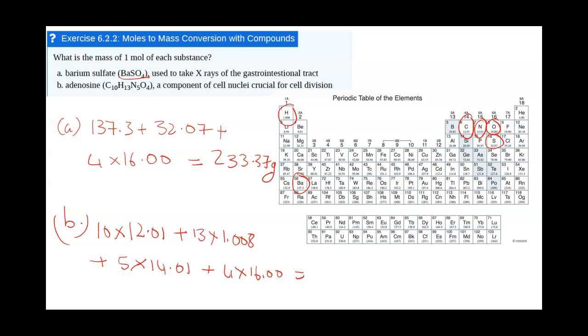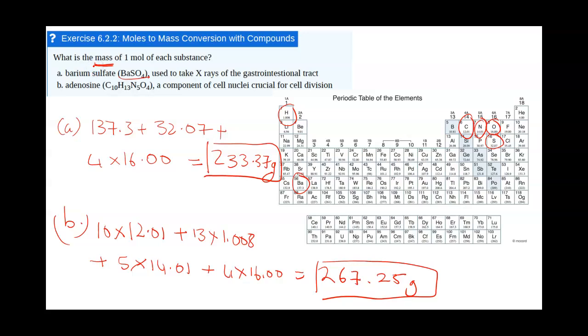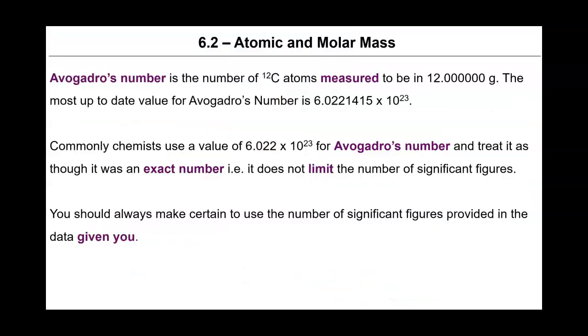So 10 times 12.01 plus 13 times 1.008 plus 5 times 14.01 plus 4 times 16. And so I ended up with 267.25 grams. And so there we go. All right, so make sure you give your number a unit. We're calculating the mass in grams in this case.